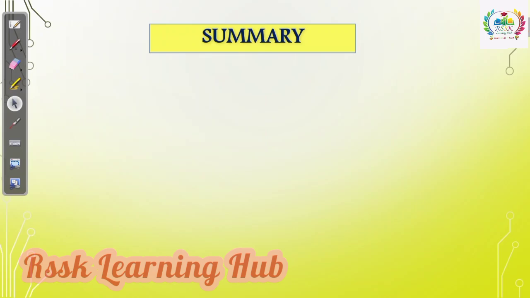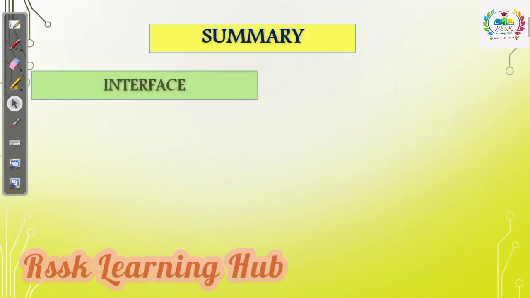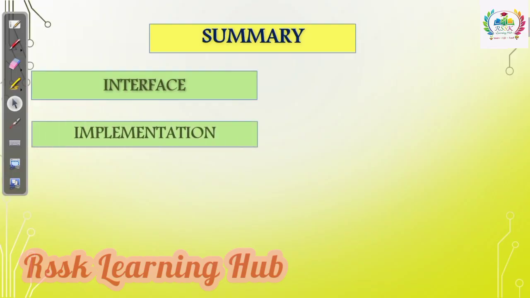Coming to the summary of this class, we will see what things we saw in today's class. First, what is an interface? Interface is a set of actions that an object can do. Then what is implementation? Implementation carries out the instructions defined in an interface.